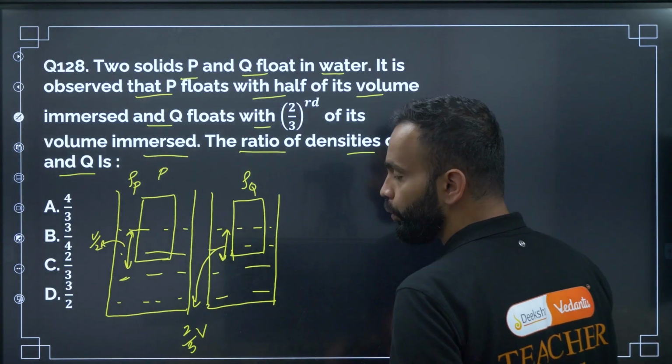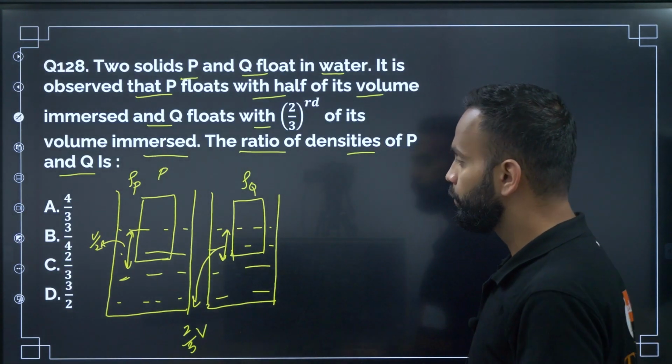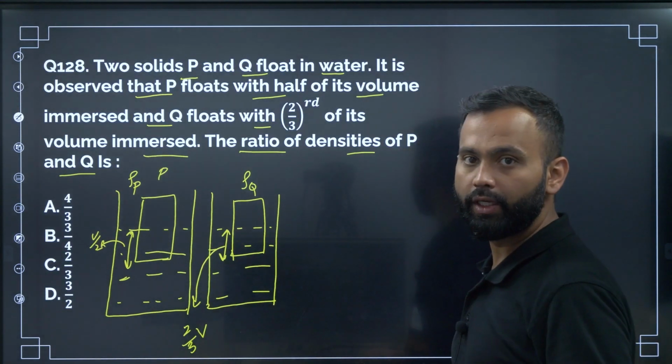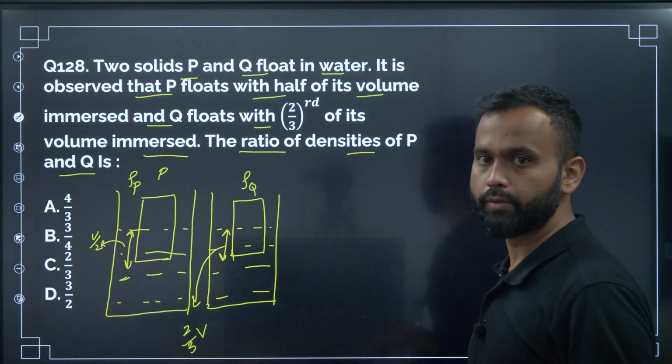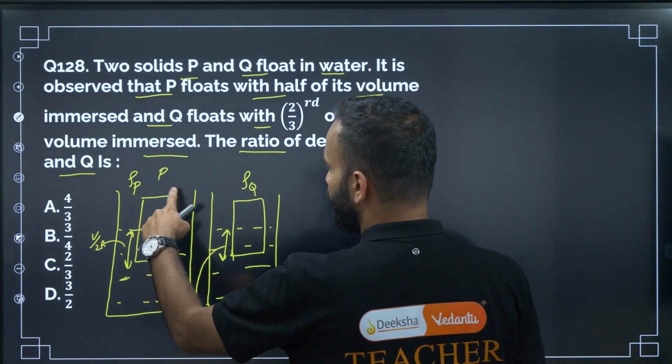Okay. So what is the condition for floating? The condition for floating is buoyant force equal to gravitational force, right? So what is the buoyant force?